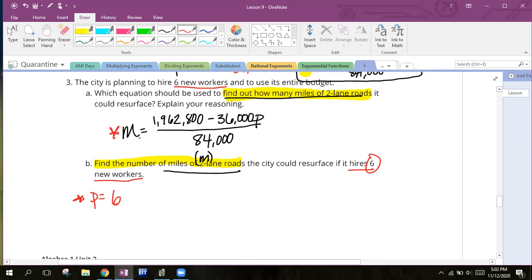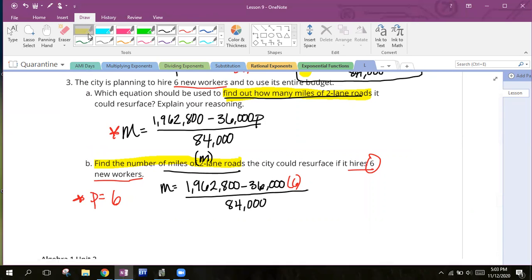What am I going to do? Substitute it in. So I have M equals 1,962,800 minus 36,000 times 6 new workers, and then divide that by 84,000.